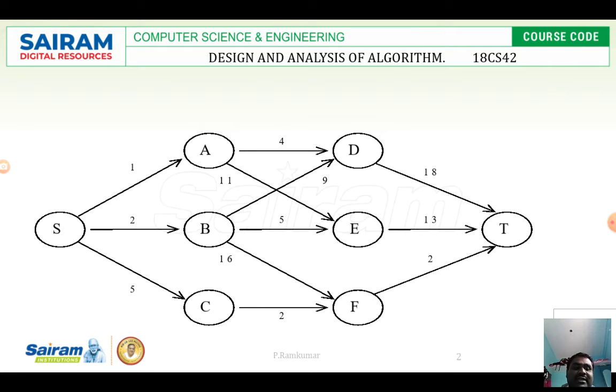Now when I consider the last vertex, in stage 4, only one vertex is available, that is T. Cost of 4 comma T: 4 represents the stage, T represents the vertex. The distance between one particular vertex and the same vertex will be 0. So the cost of 4 comma T will be 0.